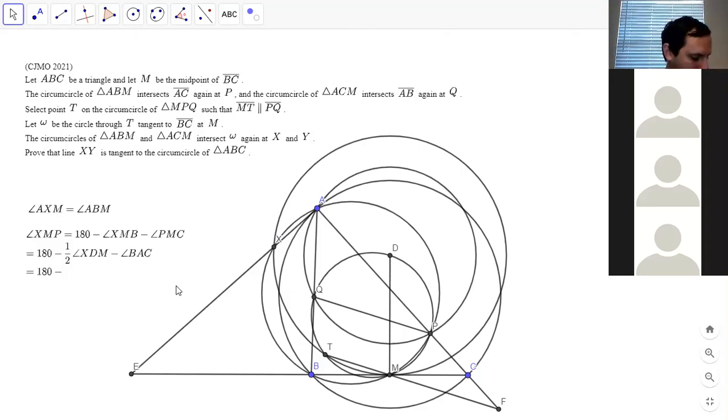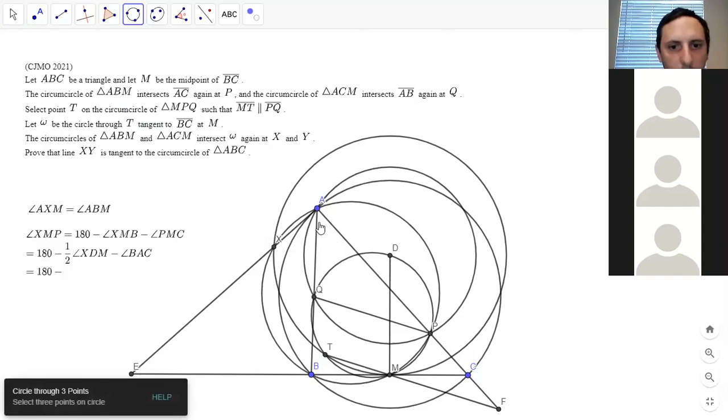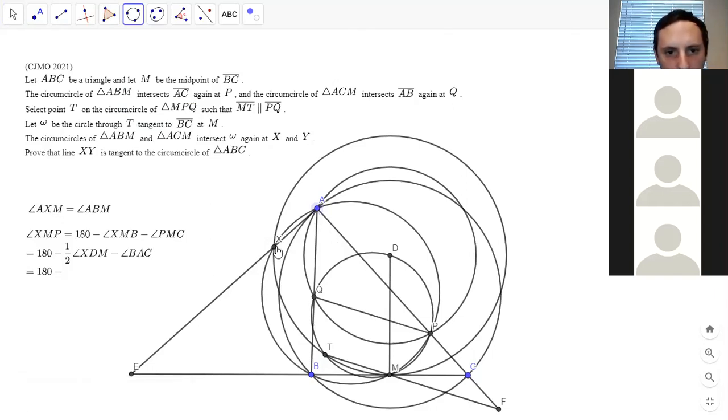Wait just a second. Show XAMB is cyclic. Oh, sorry. That's by definition. We want to show it the other way.